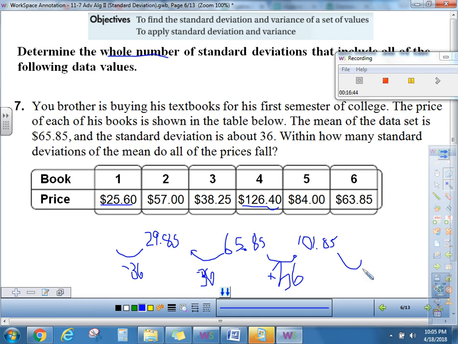That's going to take us to 137.85. So I'm not going to write it. My hands are not working on this trackpad.